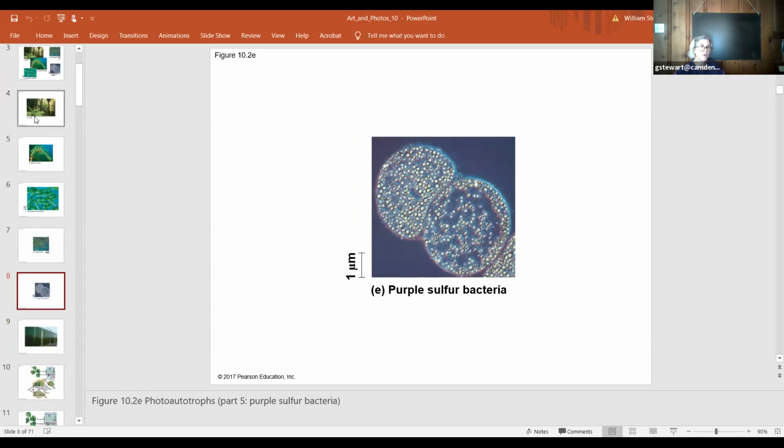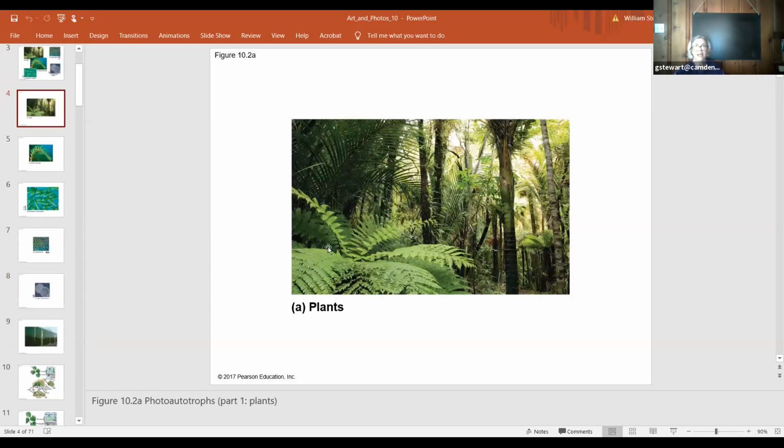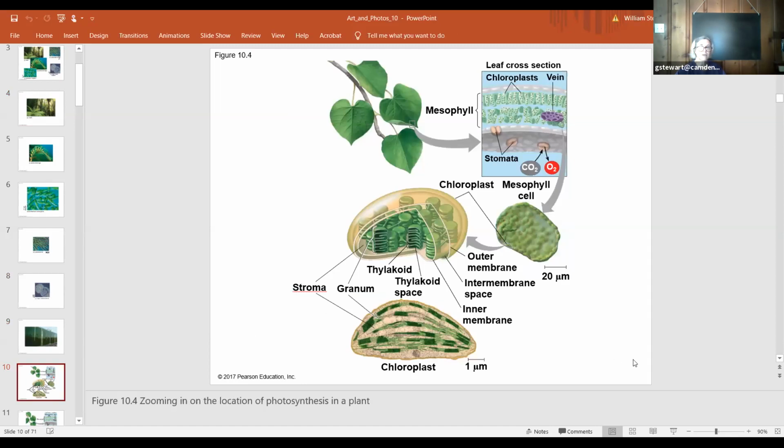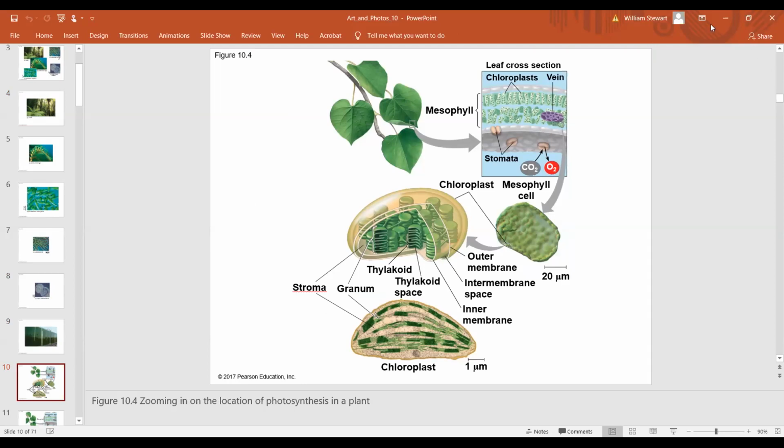Okay, so sort of going back to plants, because they're the most familiar to us, right? We call this panel sort of journey to the center of the leaf. Okay, so if this is a leaf on a plant and we could cut into that leaf and look at it in cross section.